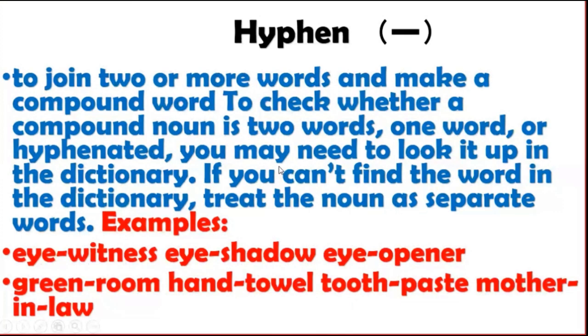To join two or more words and make a compound word. Mind well, to join two or more words. So when you are joining two words or more than two words, you should use hyphen. For example, eyewitness, eye shadow, eye opener, green room, hand towel, toothpaste, mother-in-law. So these are the words made using more than two words or two words.